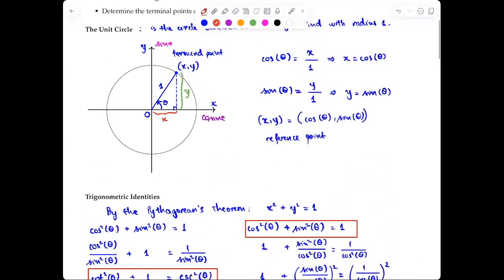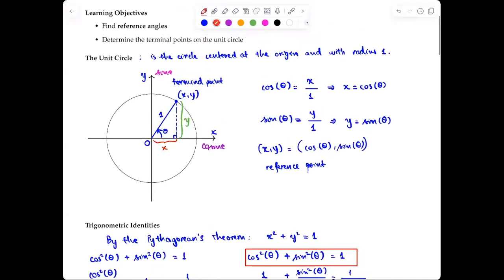When you look at this unit circle, it is broken down into 4 different quadrants. Quadrant 1, 2, 3, and 4.